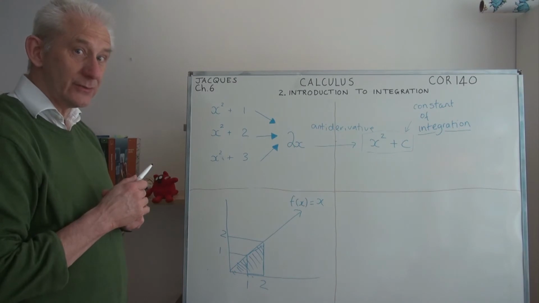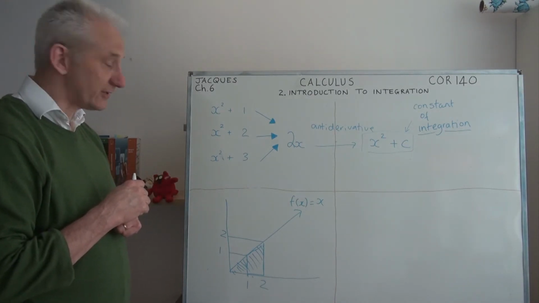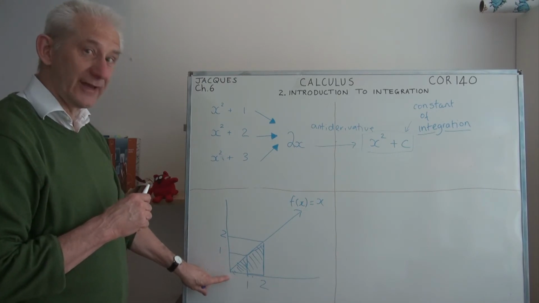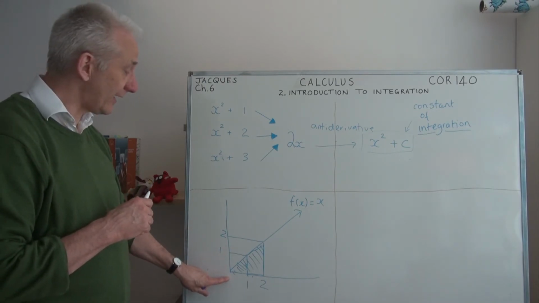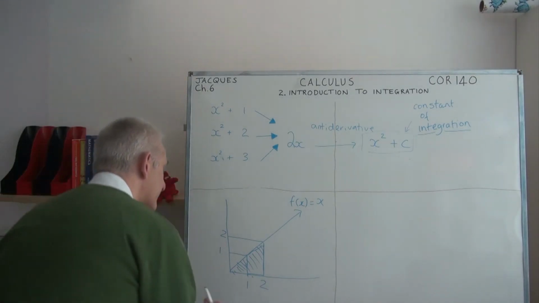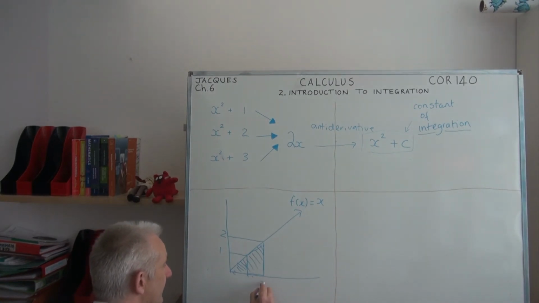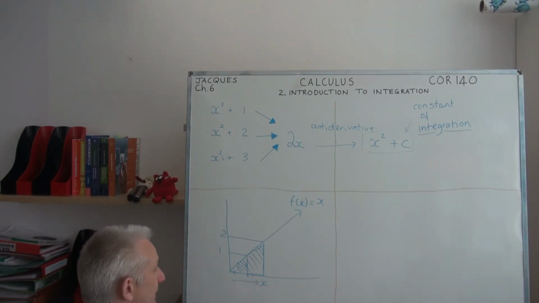But before we do, we can also use a simple piece of geometry from primary school. How do you find the area of a triangle? Let's imagine that we have a triangle and it has a length of x. Under the function f of x, then this is also going to be x.